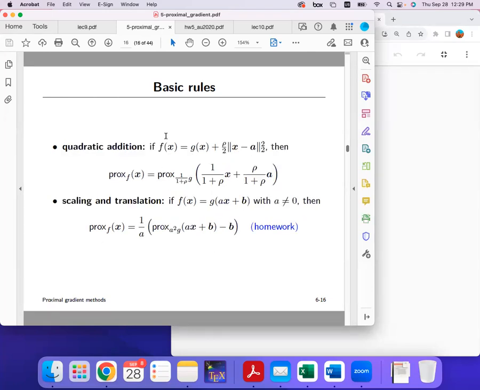And there are some cases where we are looking at functions of this form, where f is another function g plus a quadratic term. For such a function, the proximal mapping is given by the proximal mapping of g weighted by the constant 1 over 1 plus rho, and then evaluated at this point.